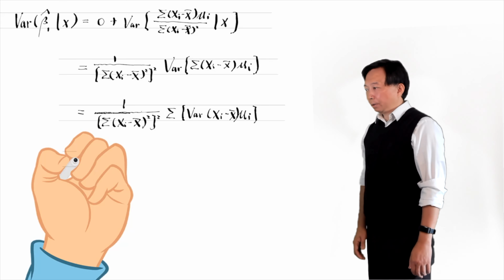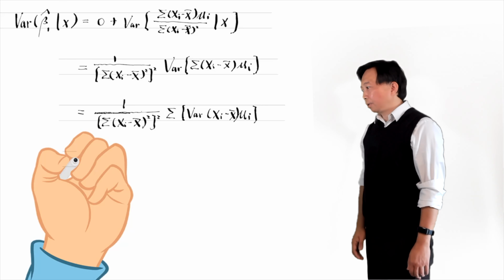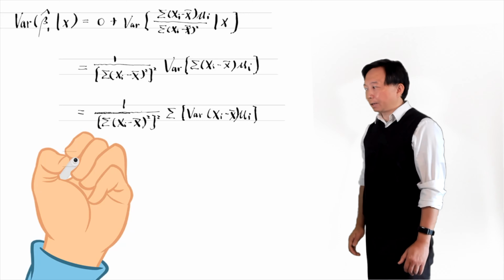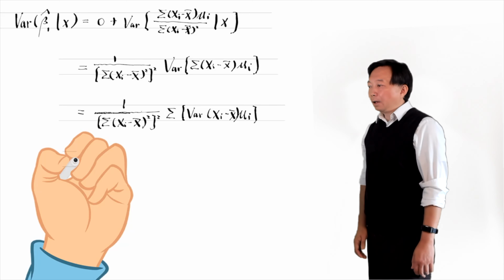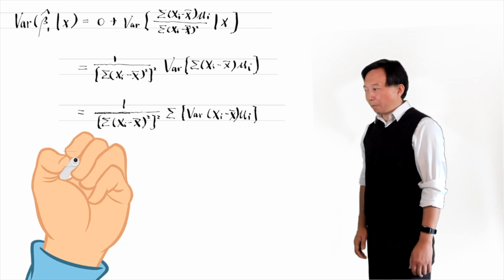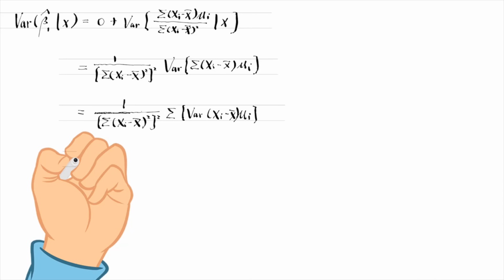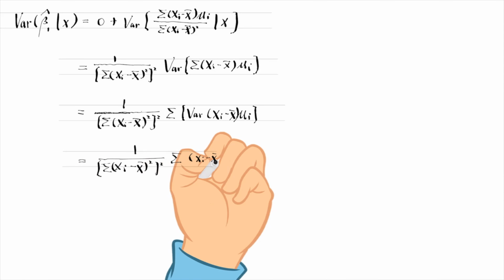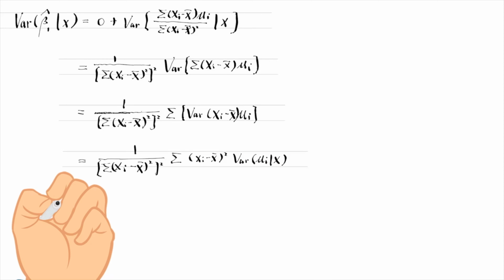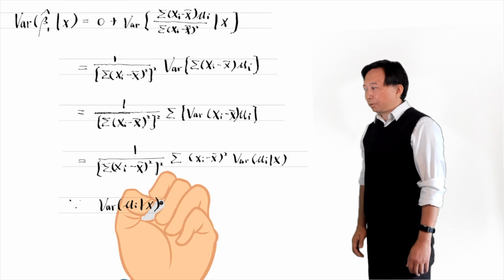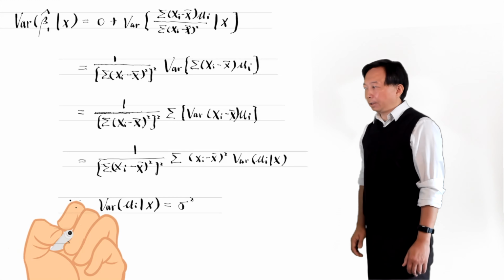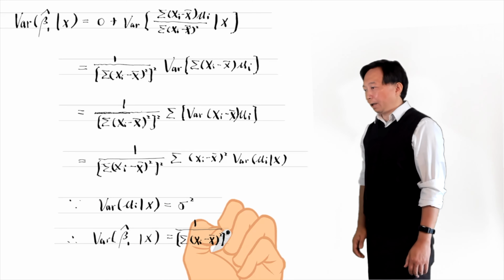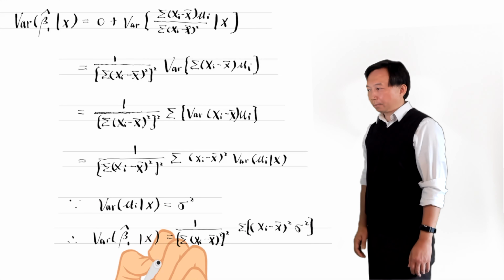Inside the summation, it is the variance of a constant, xi minus x bar, times mu i. Once again, we can take the constant out of the variance. The variance of mu conditional on x is sigma squared by assumption.